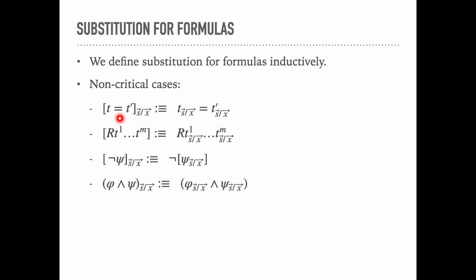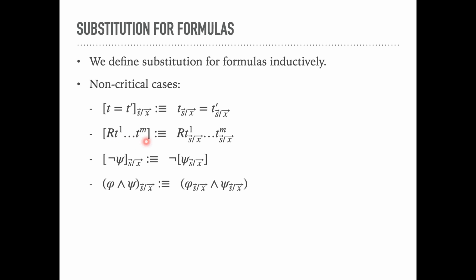So for example, if we have an atomic formula that is just term t equals term t prime, and we want to substitute s for x, well, that's just the term t with s substituted for x equals term t prime with s substituted for x.